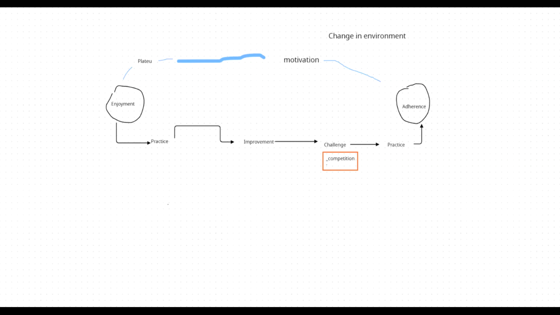No. So what I was saying is that you enjoy something in training, then you practice it more, whether it's a skill or maybe the whole entire sport or exercise, and because you practice more, usually you see some improvement in whatever area that is. And what Morgan was saying is that there's usually a challenge that comes up.